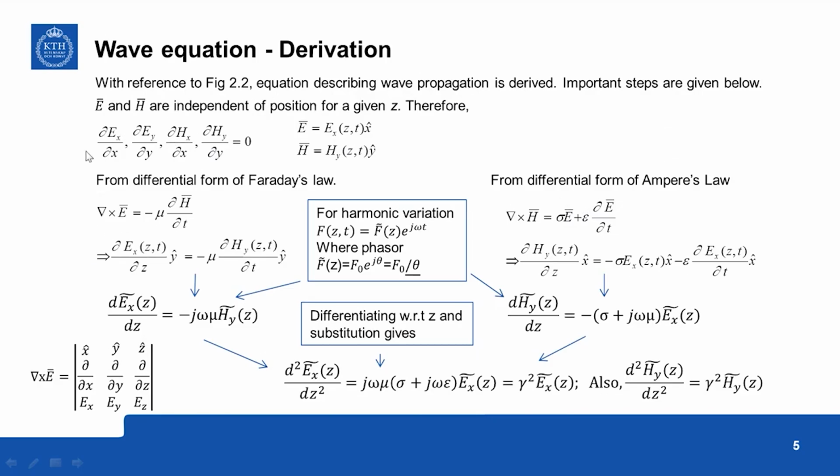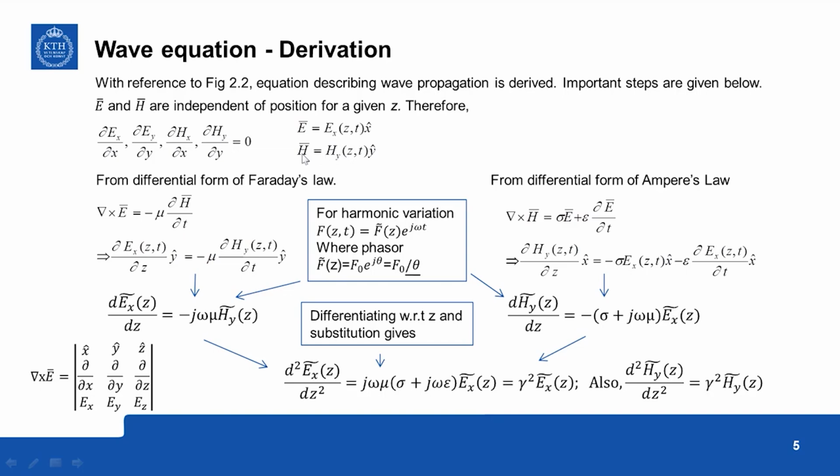From the above figure, we can say that the rate of change of E with respect to x is 0, and E is aligned to the x direction by choice without any loss of generality, and H is aligned to the y direction. So the other components are all 0.